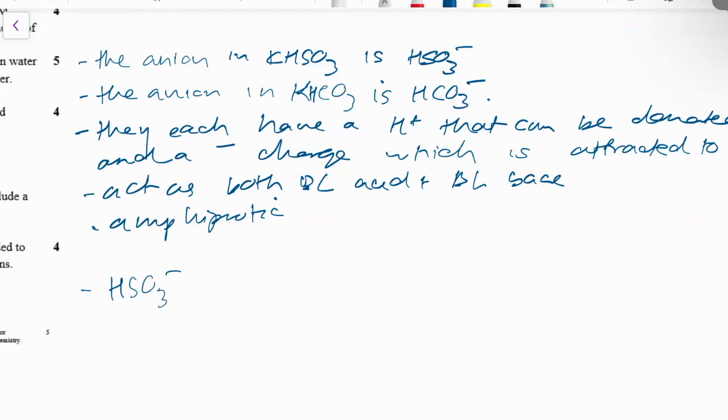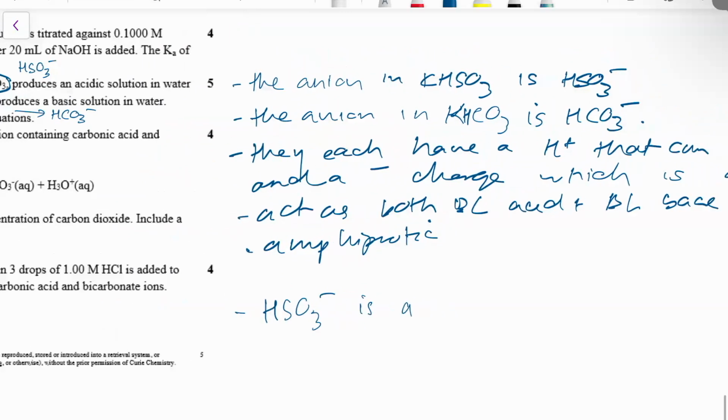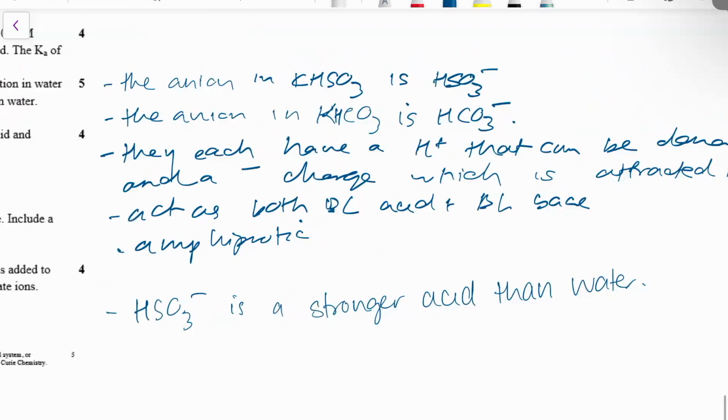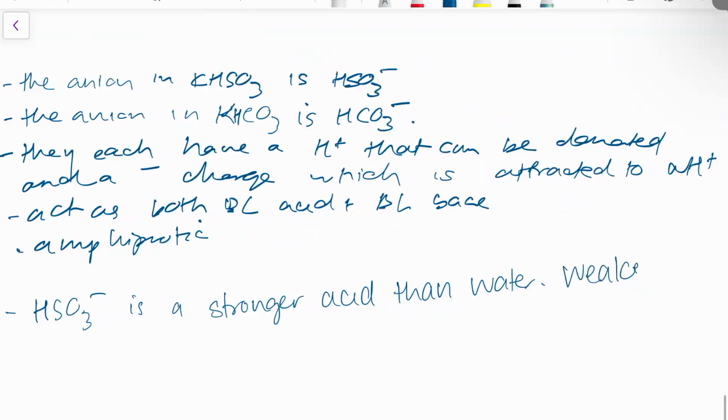Okay, so they're both amphiprotic, but what we might say is HSO3 minus, if it's an acidic solution, what that means is it prefers to be an acid over being a base. So HSO3 minus is a stronger acid than water, but it's a weaker base than water, which means it prefers to be an acid and it would rather let water be the base.